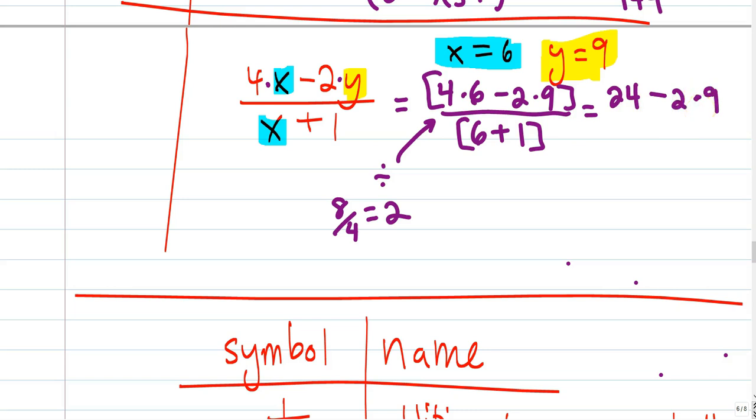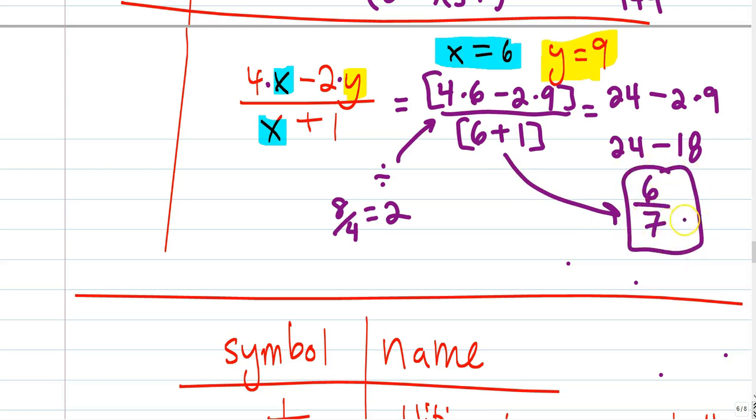It is first in the order of operations, so this becomes 24 minus 2 times 9. And then 24 minus 18 is 6. That's just the top of the fraction, that's not the answer. You have to remember now at the bottom, 6 plus 1 becomes 7. Now, if I could divide this, I would, but 6 over 7 doesn't simplify, so that's how we would leave that.